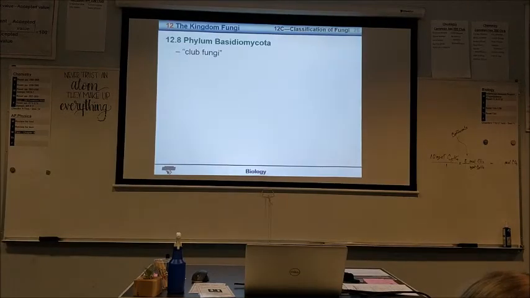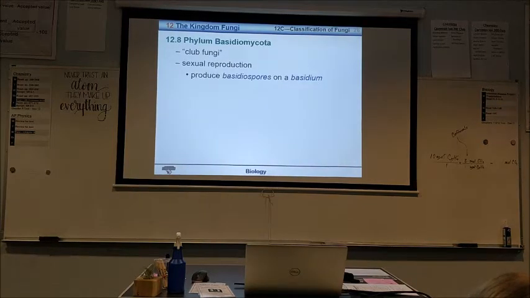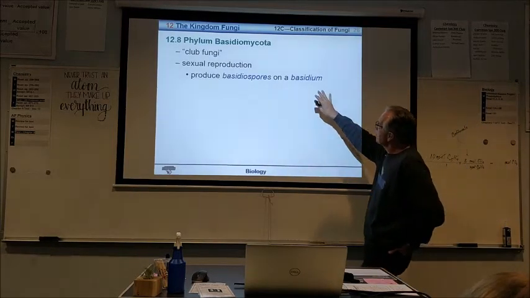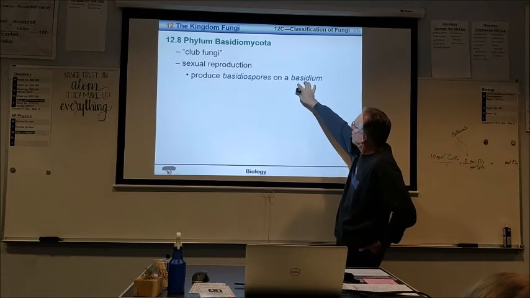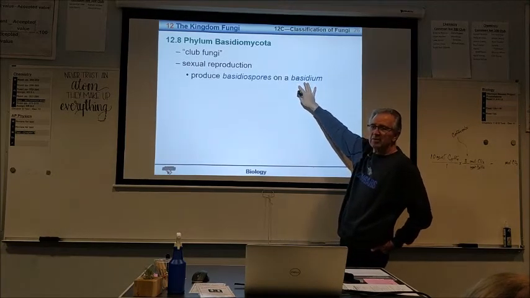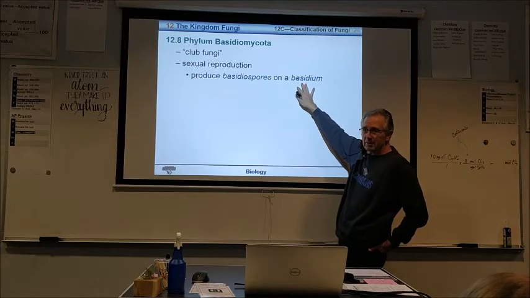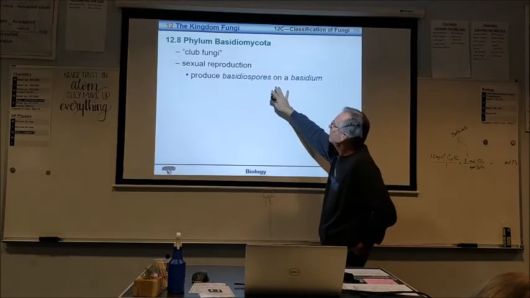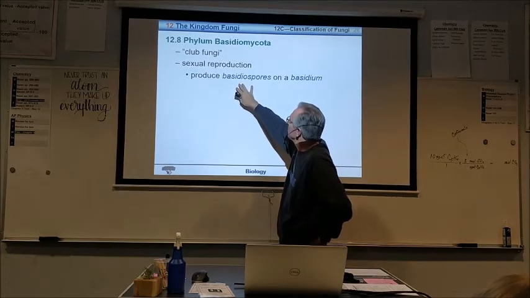Now, the last phylum that we're going to talk about, of the common ones, is what we call club fungi. They have sexual reproduction. Okay? The structure that the spores are made in this time is called a basidium. It has a different name. And the spores that are produced are called basidiospores.